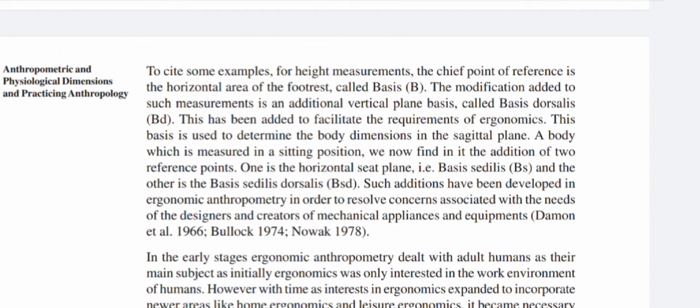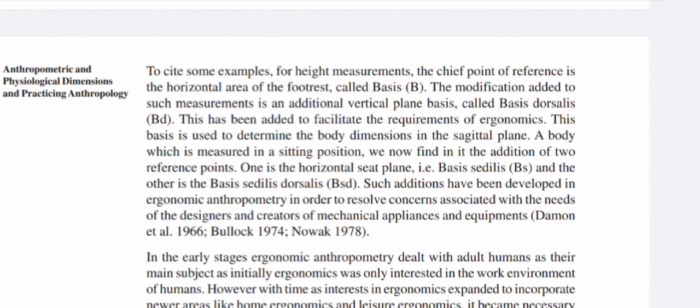For a body which is measured in a sitting position, we now find the addition of two reference points. One is the horizontal seat plane, that is basis sedilis, B small s, and the other is the basis sedilis dorsalis, B small s small d, BSD.